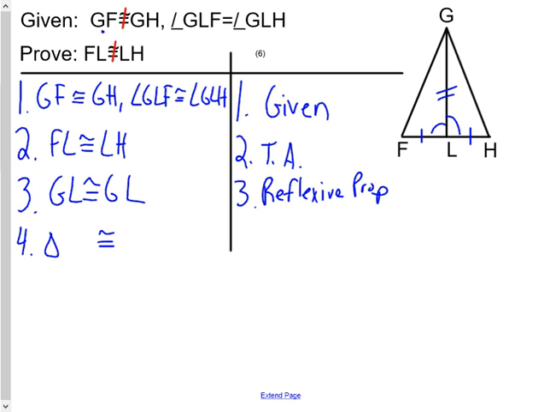This is, but that will be in my congruent triangle. So triangle GLF is congruent to triangle GLH by side angle side. And then step 5, we're going to say GF and GH are congruent.